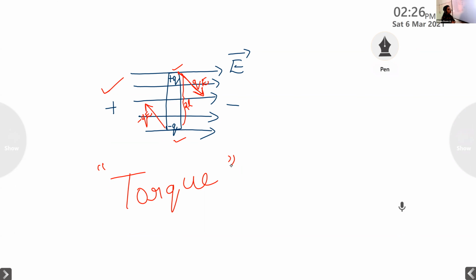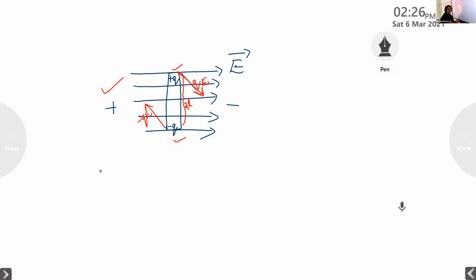Torque is the rotation effect of the electric dipole due to the presence of forces, not charges, due to the presence of forces by the charges of the electric dipole.